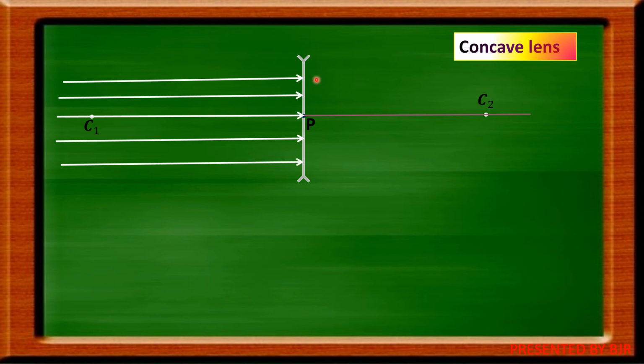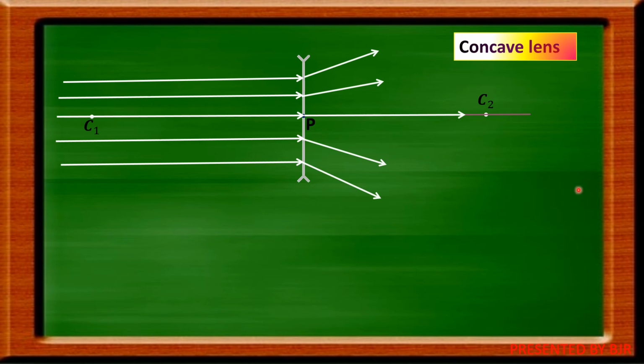So the refracted rays will not cross one another. See here, these are the refracted rays. These refracted rays appear to be coming from a point on the principal axis on the same side of the parallel rays. So these rays, if you extend them backwards, their separation gradually increases.